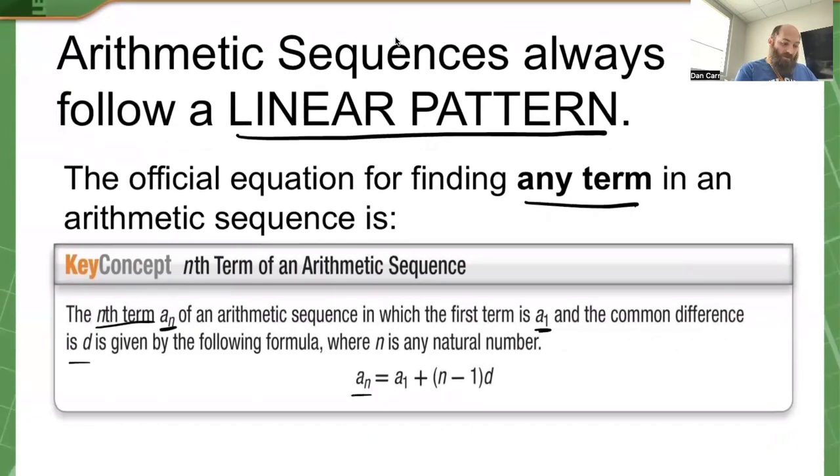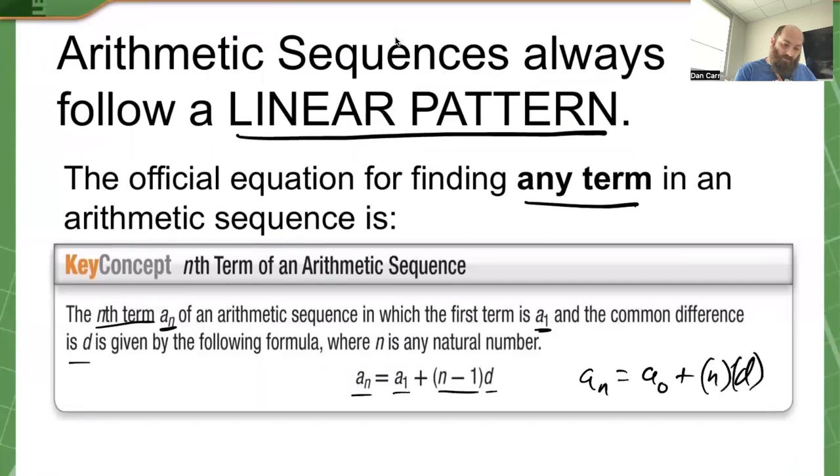So a sub n is equal to a sub 1 plus n minus 1 times d. There's another version of this where we put it into terms of a sub 0, and this one is actually related to something you've done in the past. So a sub 0 plus d times n.